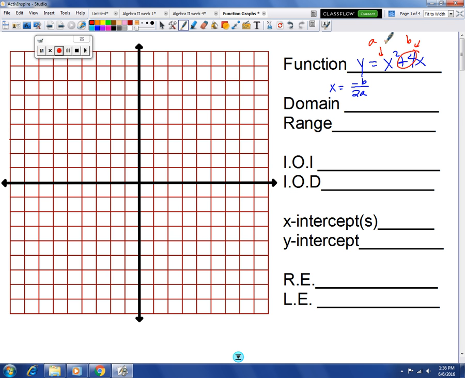Substituting in, we get negative 4 over 2 times 1, negative 4 over 2, which is negative 2. So that's the x-coordinate of the vertex.